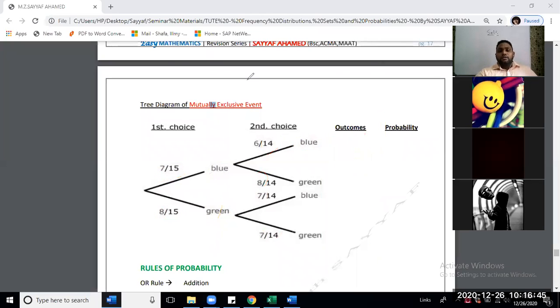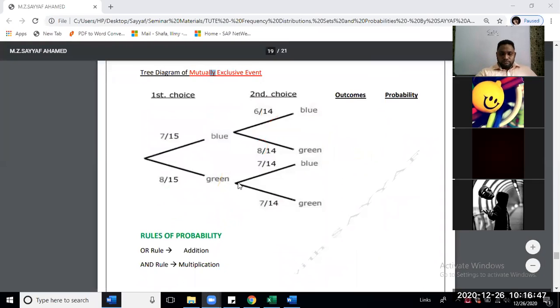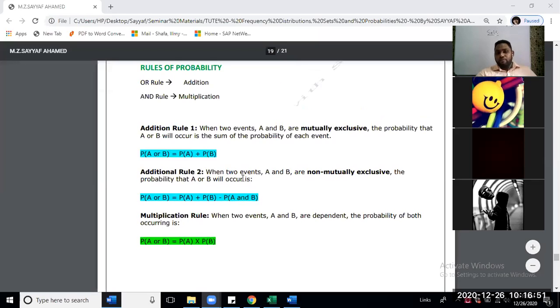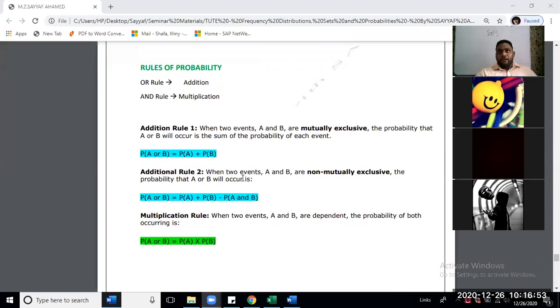So the most important thing we have here is the rule of probability, sorry guys, the rule of addition and rule of multiplication. When you are reading a question on probability, be vigilant. That means you have to read every single word very carefully.